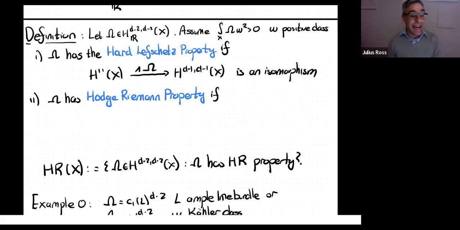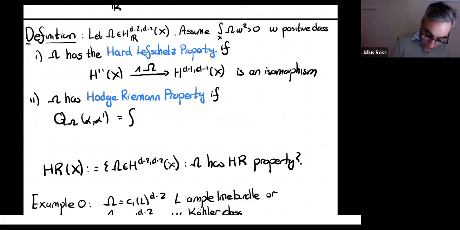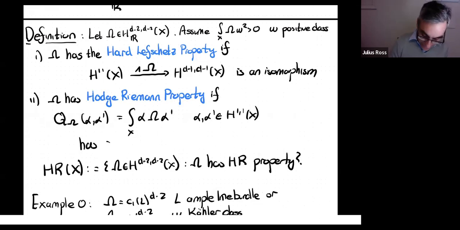And similarly, I'm going to say it has the Hodge-Riemann property if you can take this bilinear form, which I'll call Q_omega, and pair it with two (1,1) forms, obtained by integrating alpha, omega, alpha prime, where alpha and alpha prime are (1,1) forms, and this has the same signature: plus, minus, minus, minus.